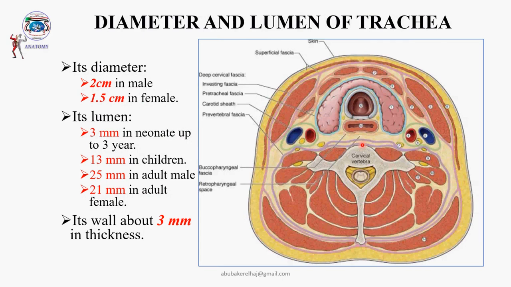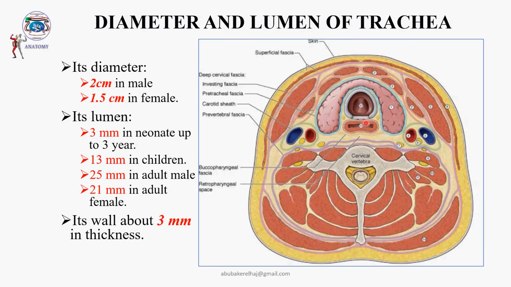Then about the diameter, it is about 2 centimeters in the male, a little bit less in the female. Also the lumen is about 3 millimeters, and there are differences according to age.